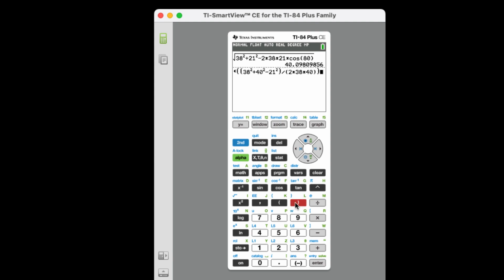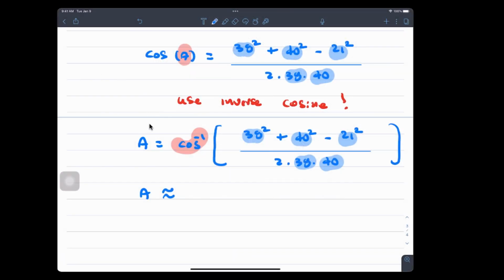So I want you guys to go back. Let's take a look at the iPad, and we're going to look at this calculator again because it's an important detail. We put this numerator here in another set of parentheses. We put the denominator here with another set of parentheses. And yes, this is inverse cosine.